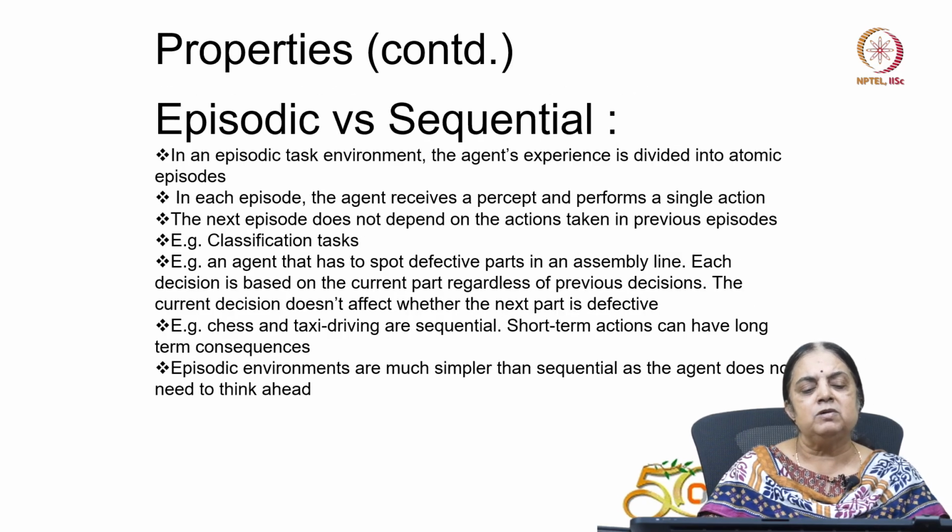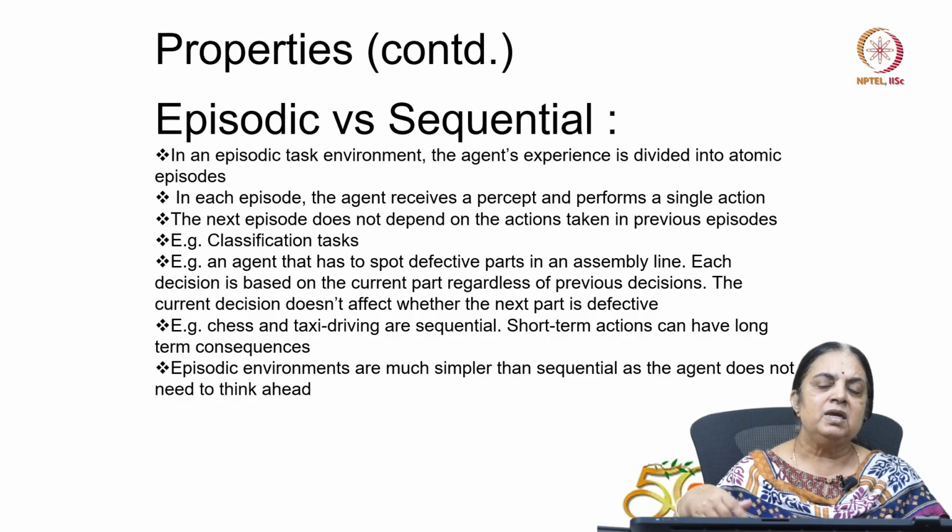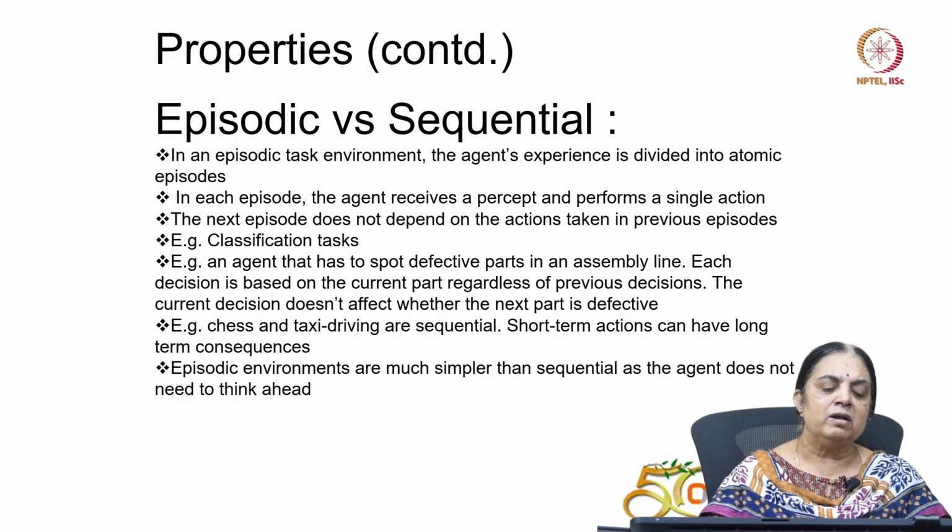Now episodic versus sequential. In an episodic agent, for example, if you take any classification task, one decision which is taken does not affect the next one. For example, an agent that has to spot a defective part in the assembly line. Once it makes a decision on one part, it does not have any bearing on the other part.